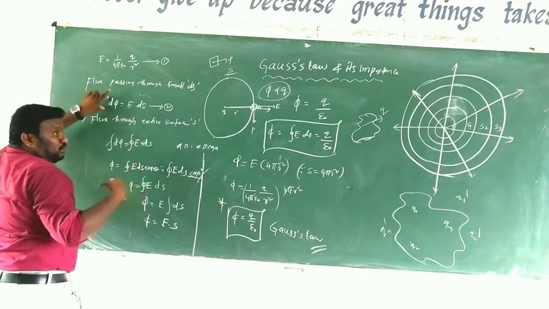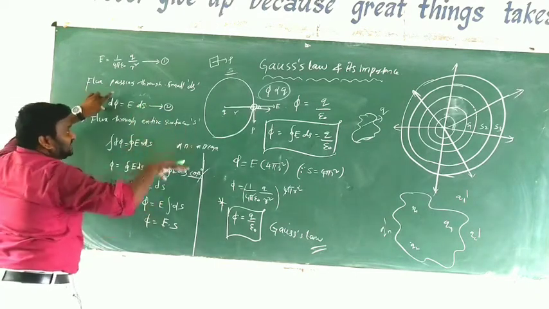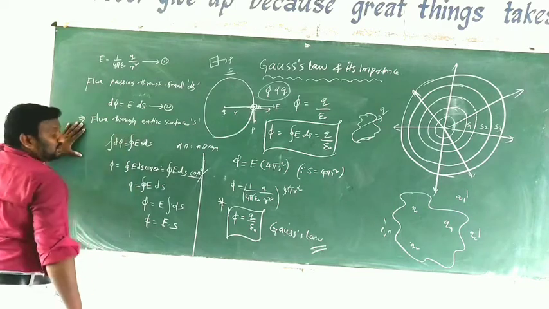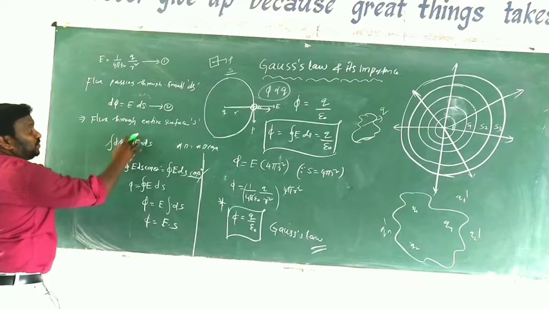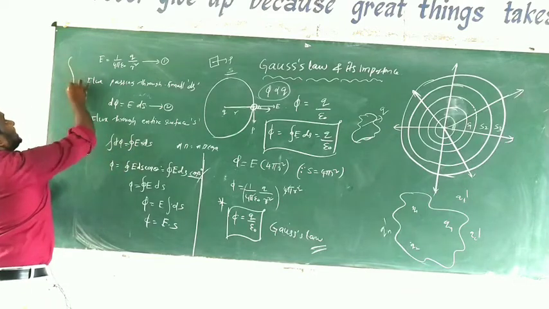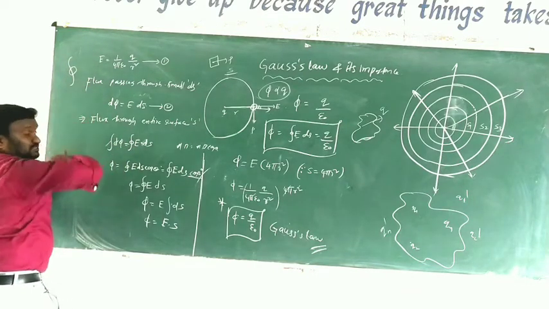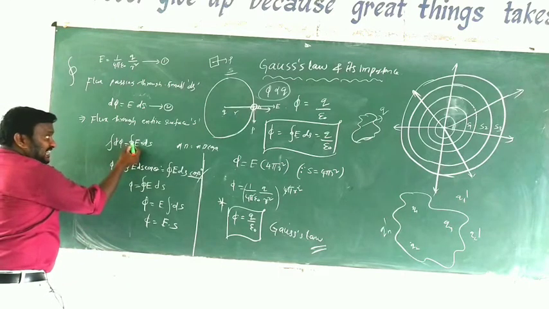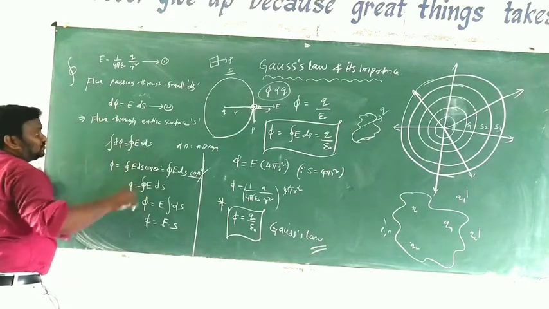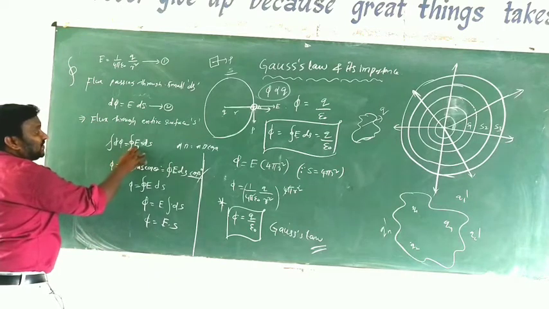To get the flux for the whole surface area S, we integrate on both sides. Now we get integral d phi equals closed integral E dot ds.